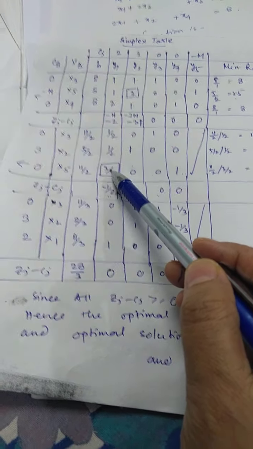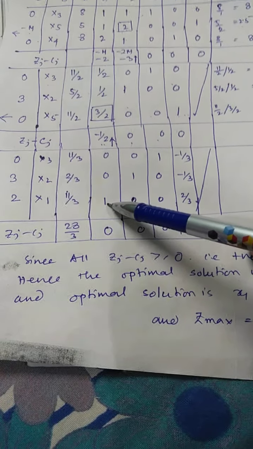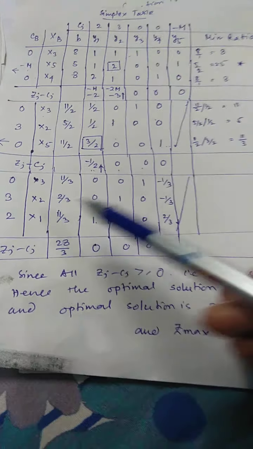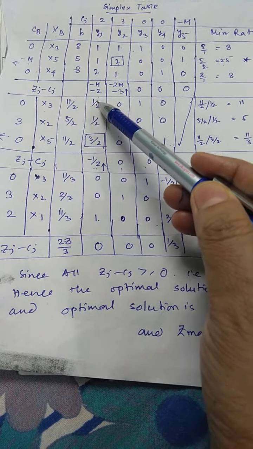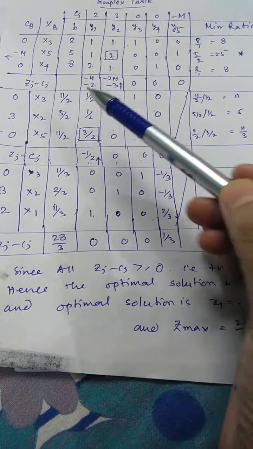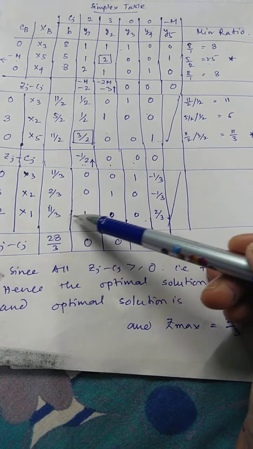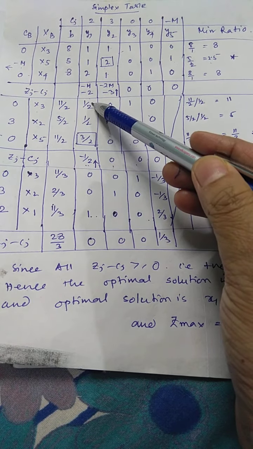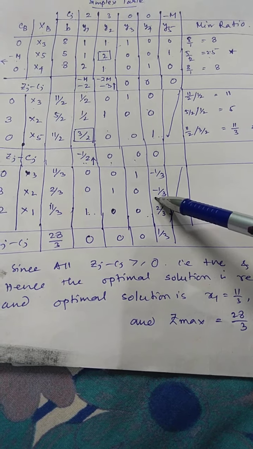Now this is the pivotal element, so you have to make this one by multiplying it by 2 by 3. Throughout we are multiplying this row by 2 by 3 and we get these values, and we have to make this value 0 and this value 0. So from this row we subtract the new row multiplied by half, and also from this row we subtract the new row multiplied by half, so that we get this new row.